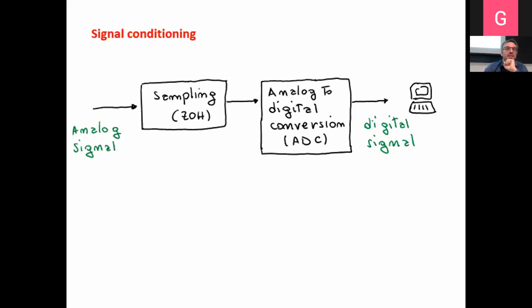The digitalization means changing the analog signal magnitude that is varying continuously, encoding it into a discrete number of possibilities, which means a binary number, for example. And this is done via an ADC, which is an analog to digital converter.